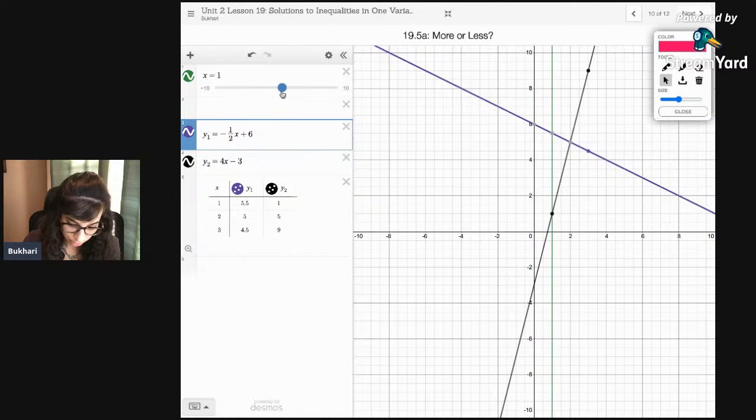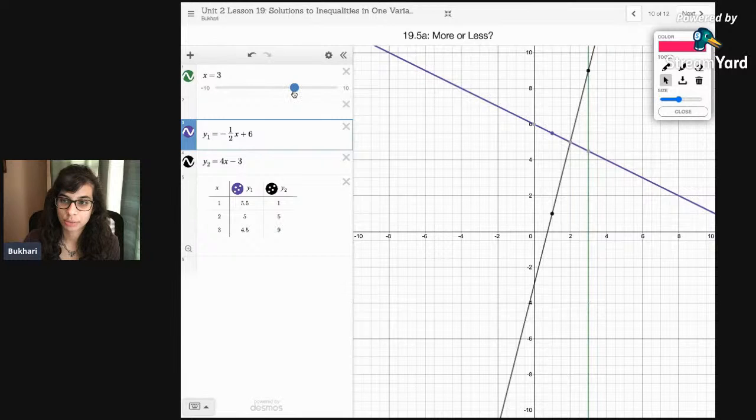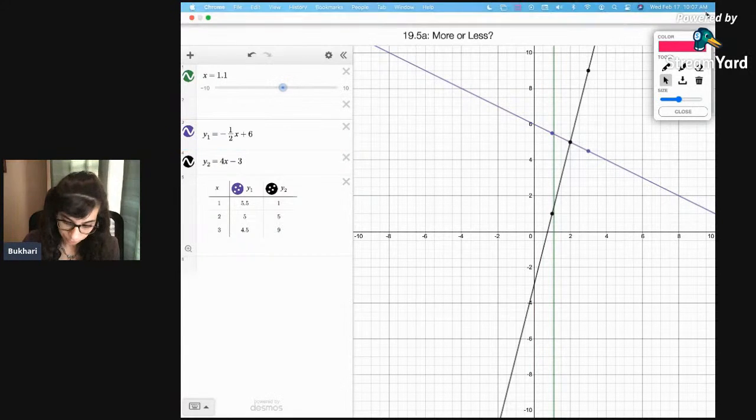And as I increase, what do you notice? Pay attention to what it means to have an intersection, where both of your solutions are equal to each other. What happens when I am at x equals 3 and things like that? What happens when I'm at x equals 1?